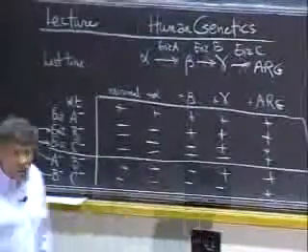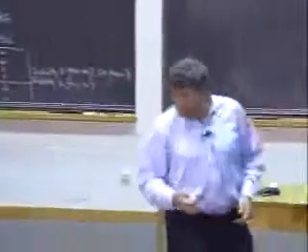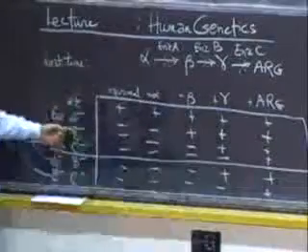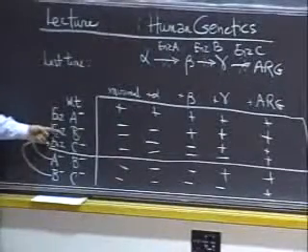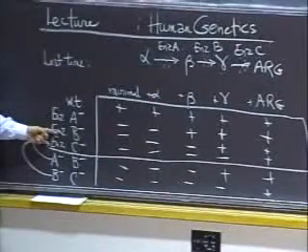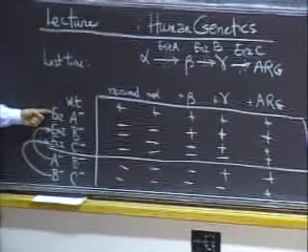And so by looking at different mutant combinations, I can see that the phenotype of B here is what occurs in the double mutant. So this phenotype is epistatic to this phenotype. Epistatic means stands upon. Okay?